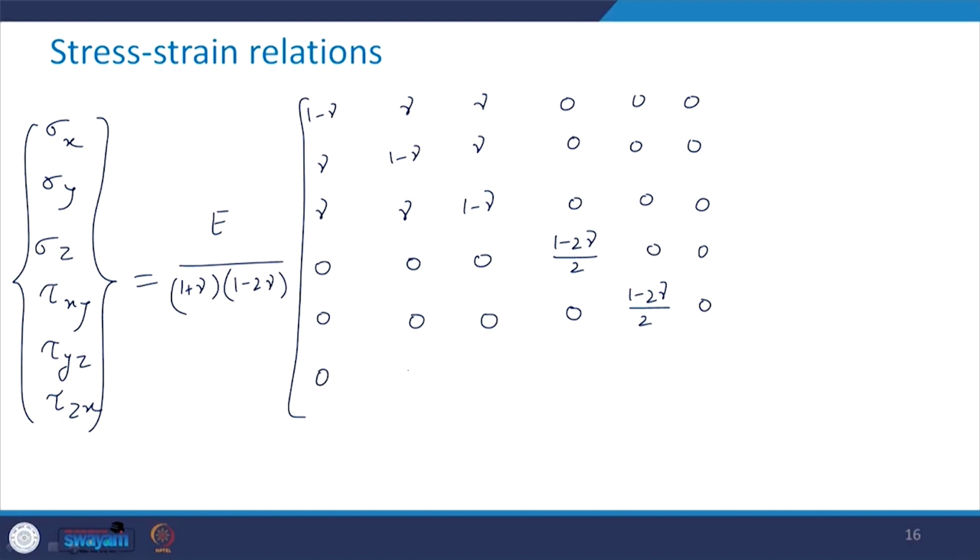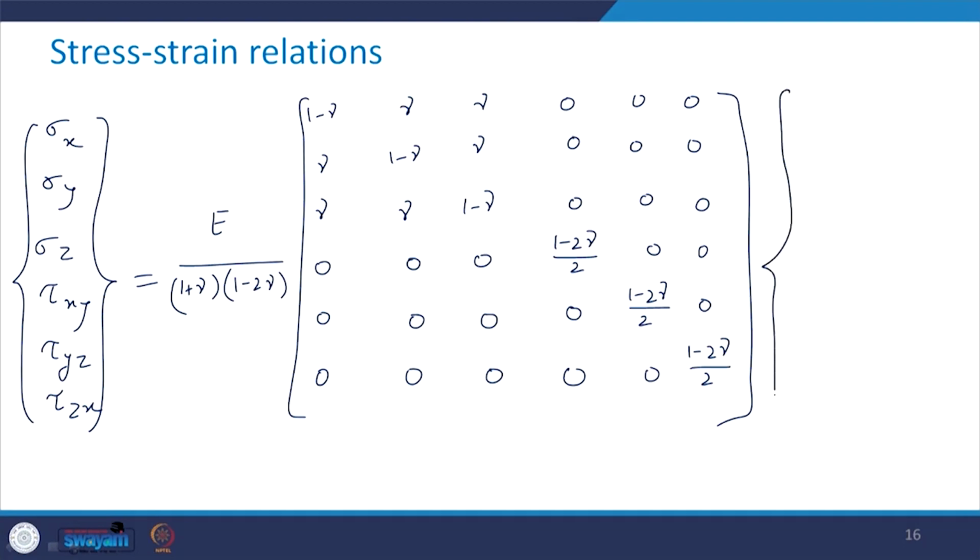And on this side we will have the strain vector, which is epsilon x, epsilon y, epsilon z, then gamma xy, gamma yz and gamma zx.